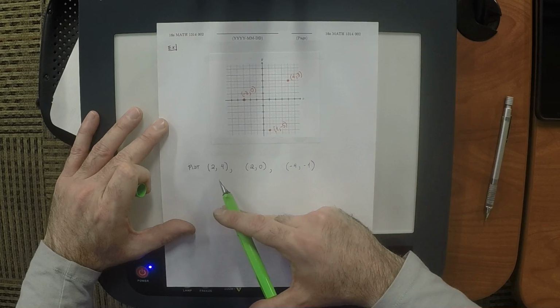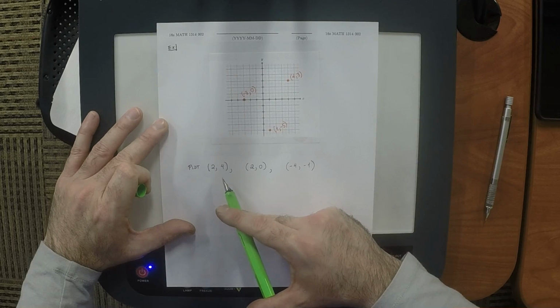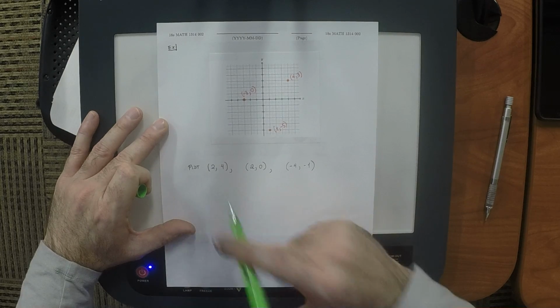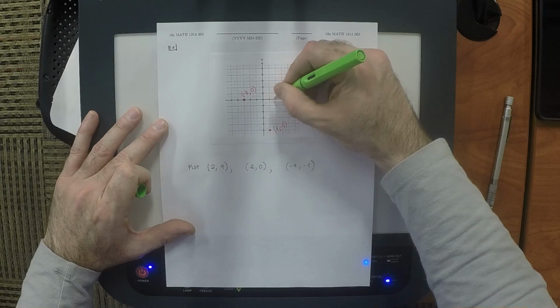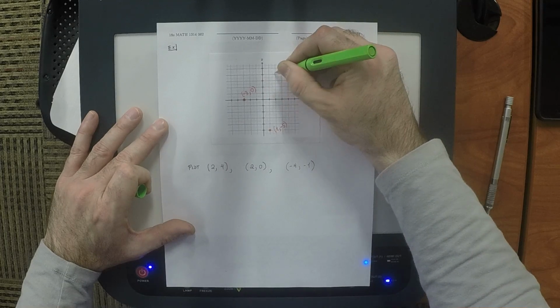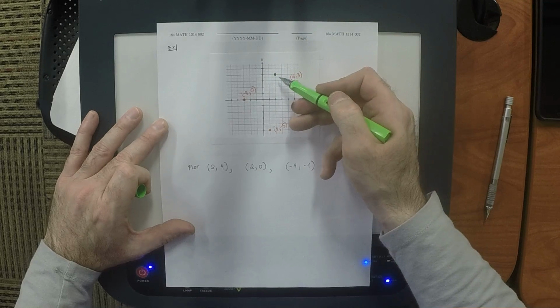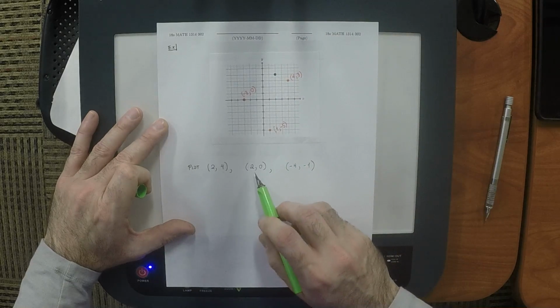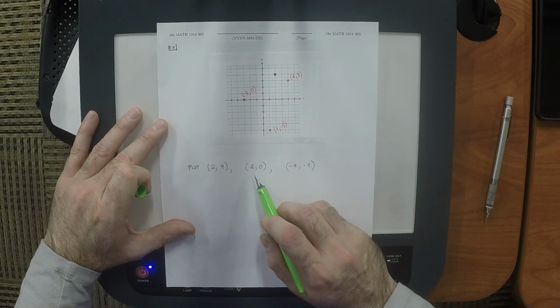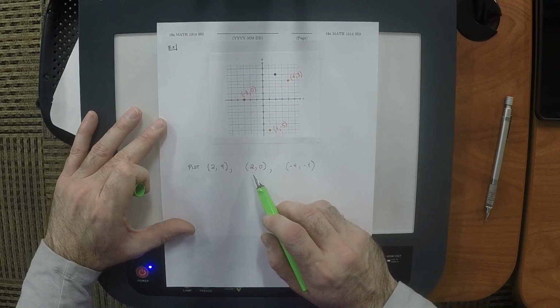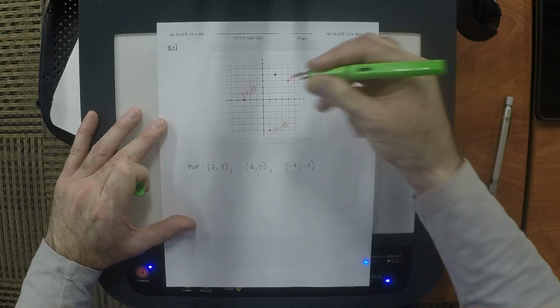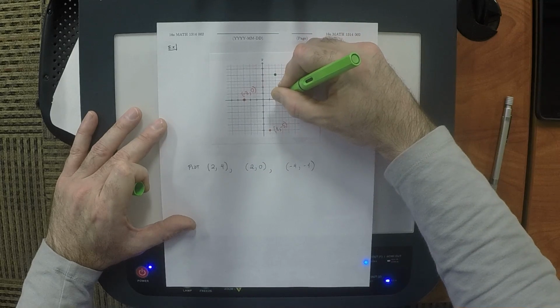From the origin, move 2 to the right, and move up 4 from the origin. Very good. So from the origin, 2 to the right and 4 up. So that's (2, 4). Correct. So now for this one, from the origin, 2 to the right, and then 0 up.